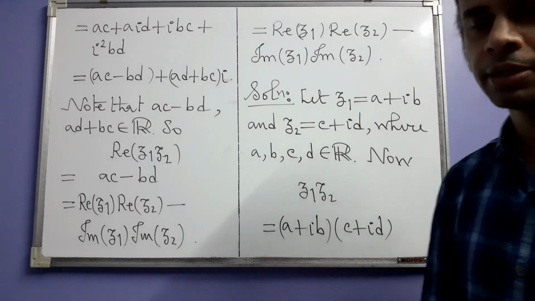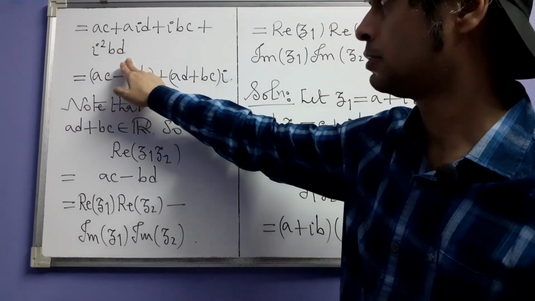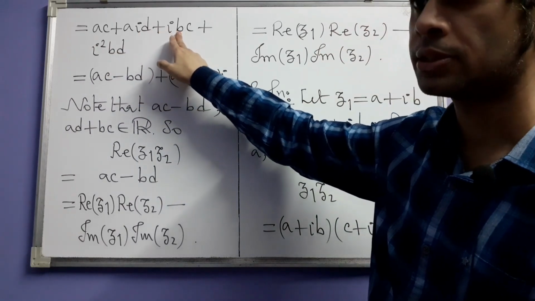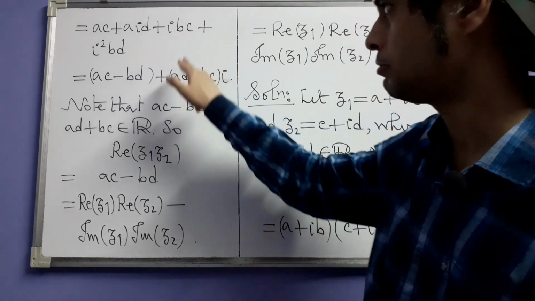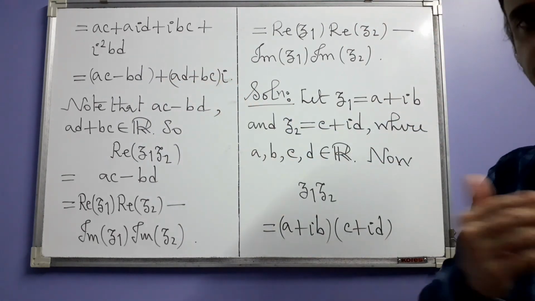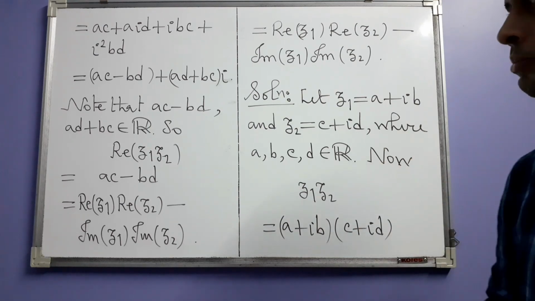Now i square is minus 1, so you get ac minus bd, and these two terms have i in them. So you take the i common out and you have ad plus bc. So ac minus bd plus ad plus bc times i.